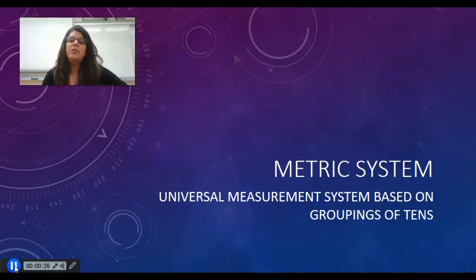So in Chapter 2, Section 1 is all about the metric system. The metric system was first adopted in France in 1795 after the French Revolution. The government asked scientists to look into replacing thousands of different traditional measurement systems with one that could unify the country. So basically they just wanted one system of measurement that everybody would use.